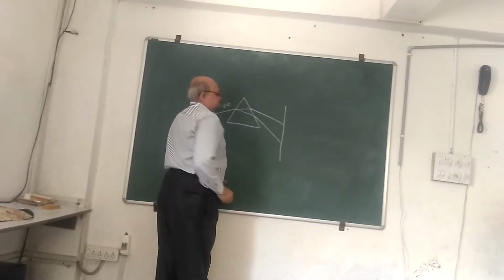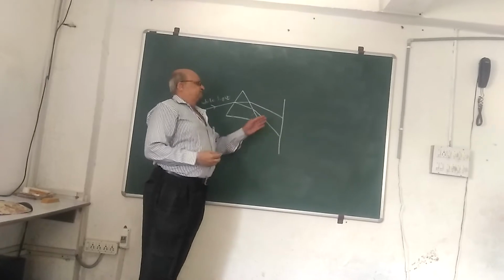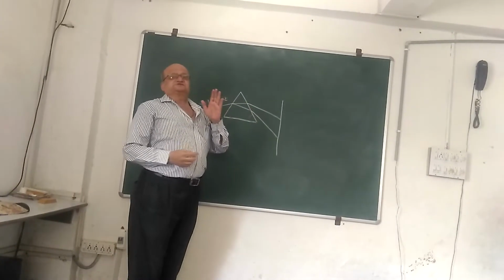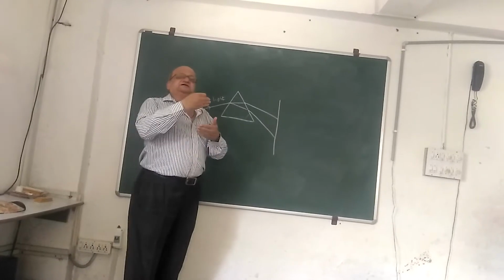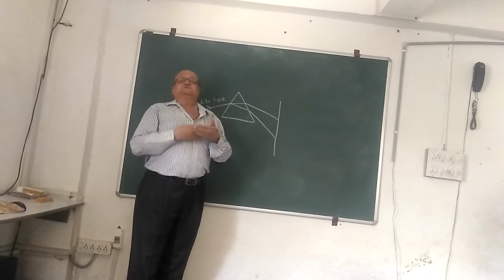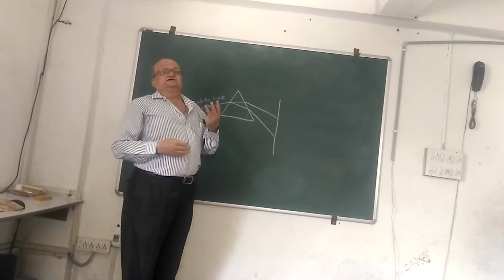And we can capture all the 7 different colors on the screen. However, for a very good eye, it is difficult to see more than 4 colors because they mingle with each other very beautifully. For a normal eye, we can only see 3 colors.